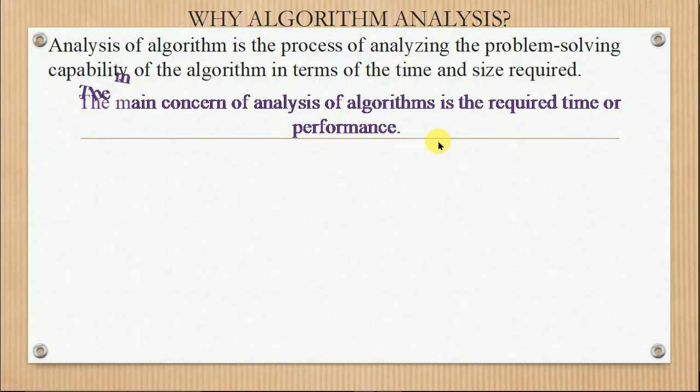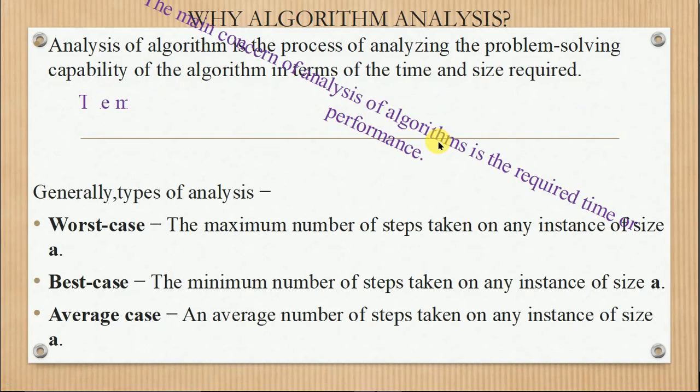Okay, so what are the different types of analysis you have? Worst case, best case, average case. What is this worst case, best case, average case? Worst case is when a problem is given to execute, it will take the maximum number of steps.